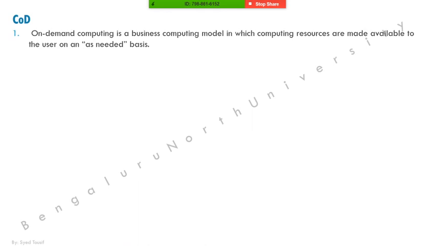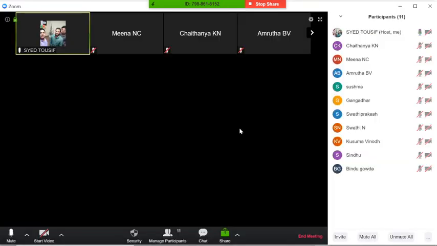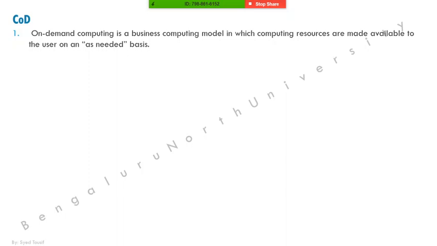Okay, example, yesterday also we have seen in the video, there is one big organization that is running some cloud. For some task, sometimes yearly once or for some hours, the organization may require more resources.